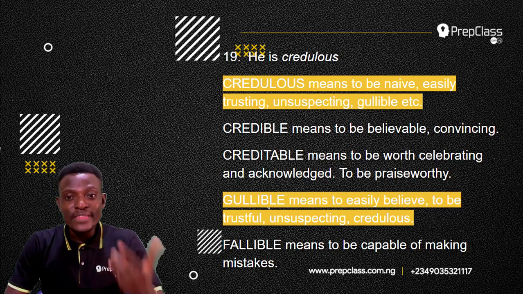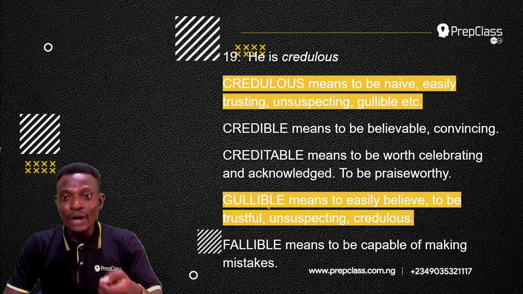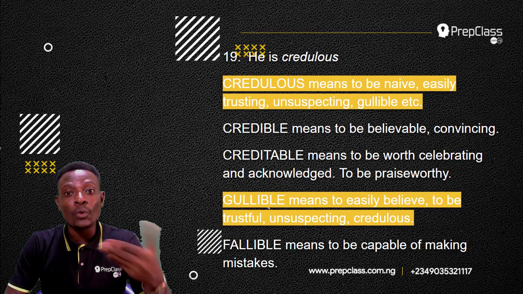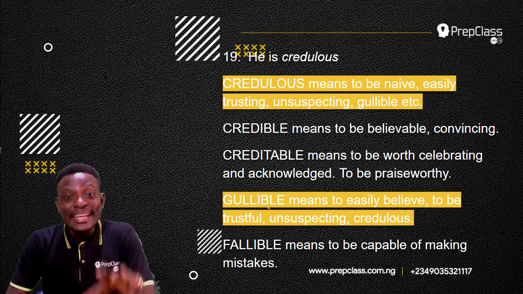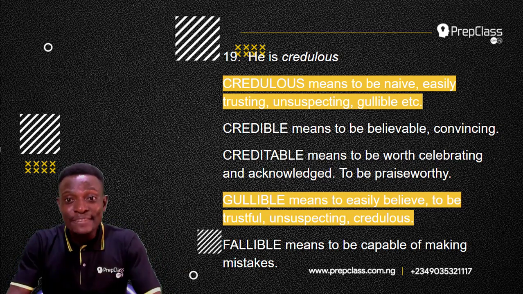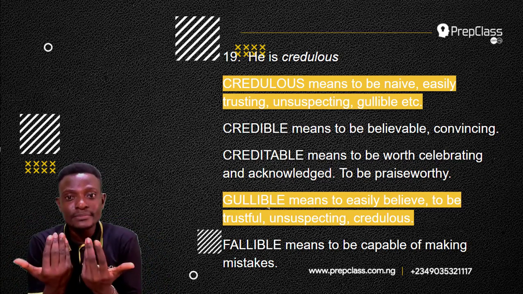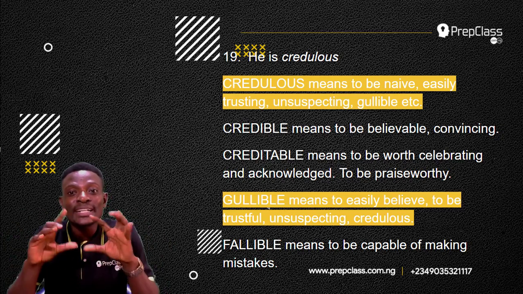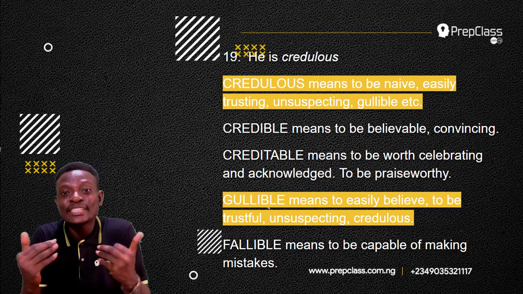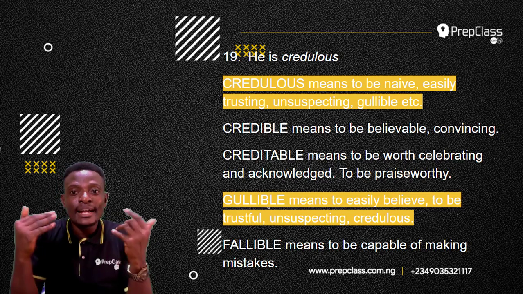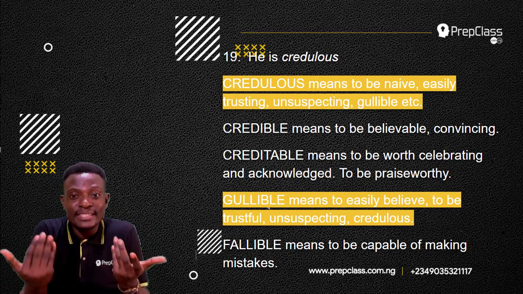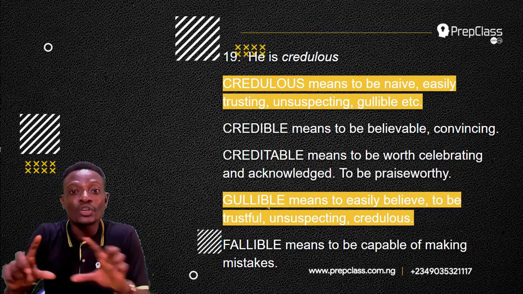Going to the child to give the child those 10 notes and collecting that one note, the child will collect that one note because seeing the 10 notes, they are much. So the child is credulous, the child is naive at that point. The child doesn't know. So credulous means to be naive, easily trusting, unsuspecting, gullible. The child is unsuspecting, the child is easily trusting because he or she is a child.